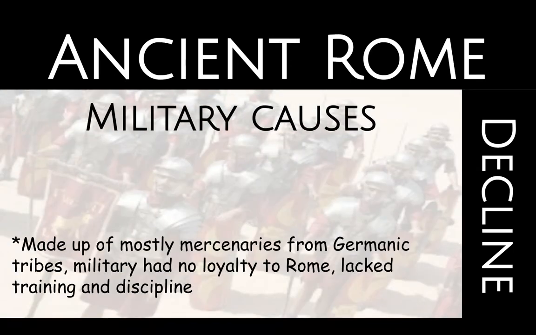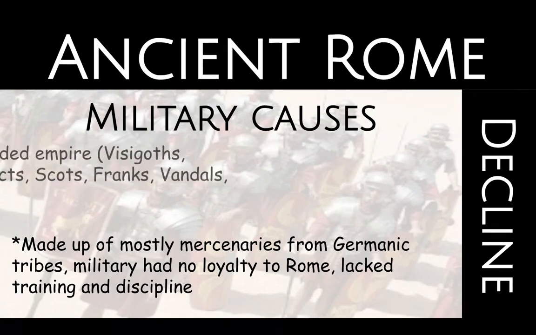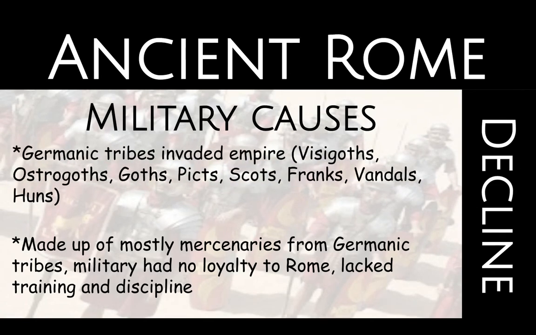So some military reasons why the empire failed were these Germanic invasions. So the Visigoths, Ostrogoths, the regular Goths, the Picts, the Scots, the Franks, the Vandals, and the Huns. That's one reason.